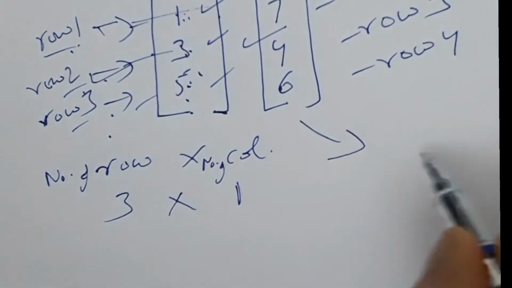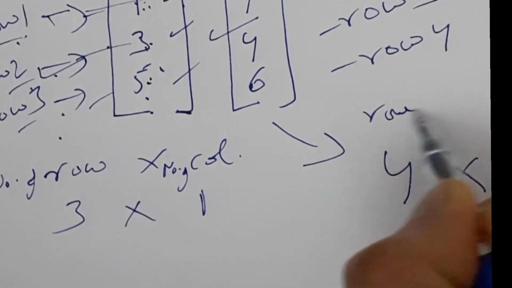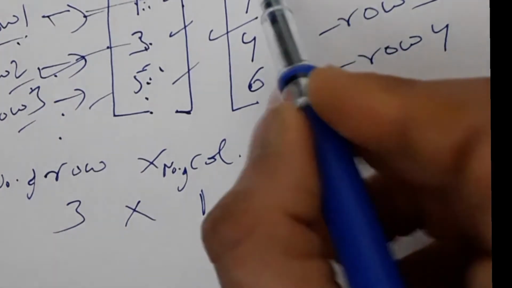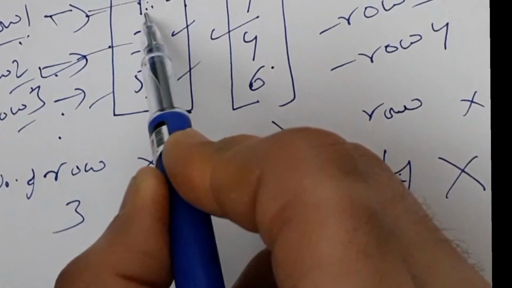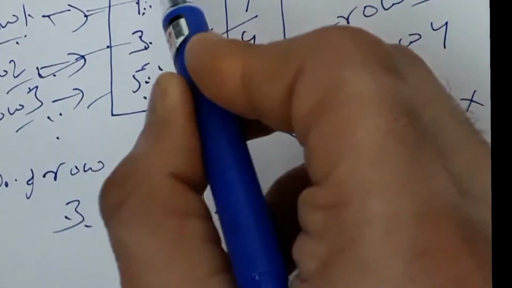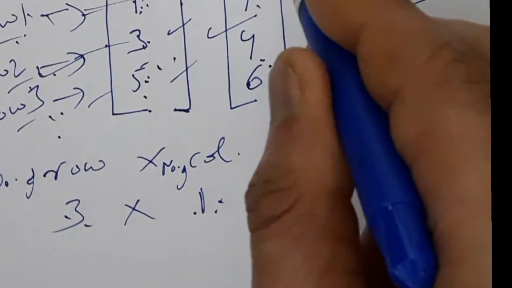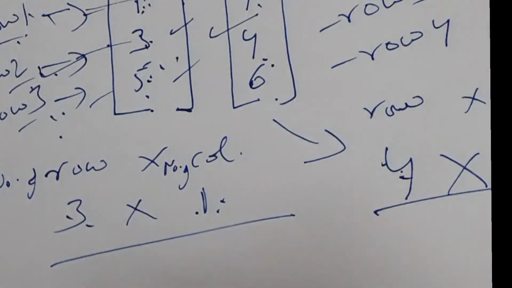For this vector, the number of rows is 4 and the number of columns is 1. So this vector is of size 4 into 1. This vector is of size 3 into 1, because it has 3 rows and 1 column. This vector is of size 4 into 1 because it has 4 rows and 1 column. So that's how we denote the size of a vector.